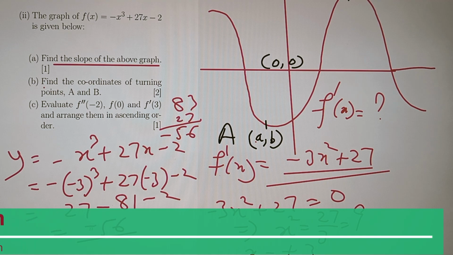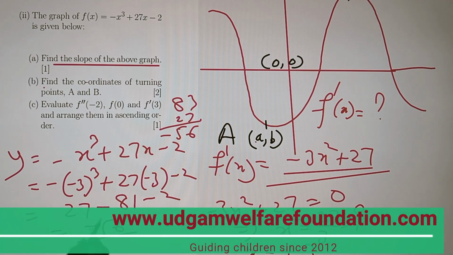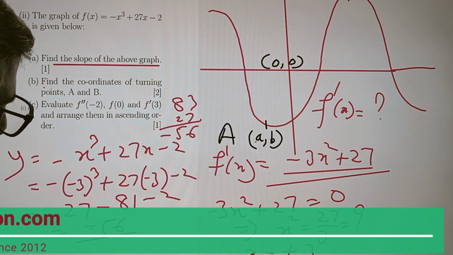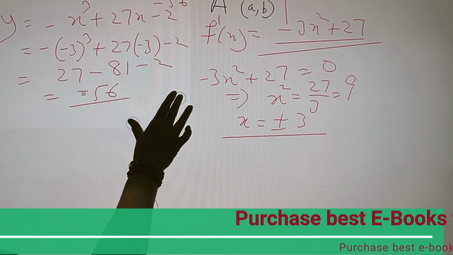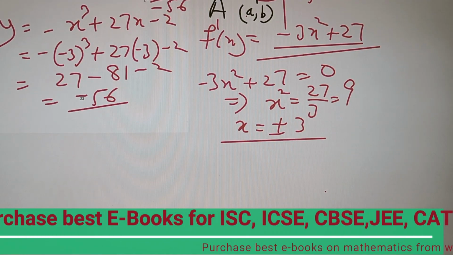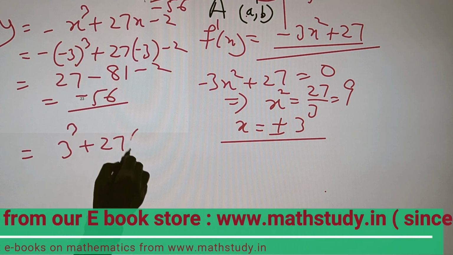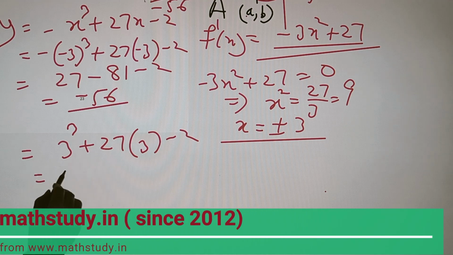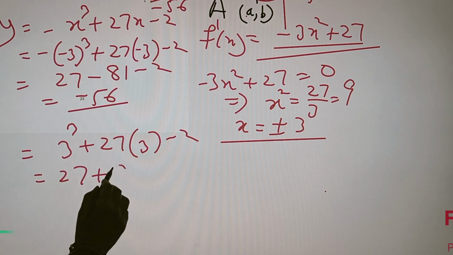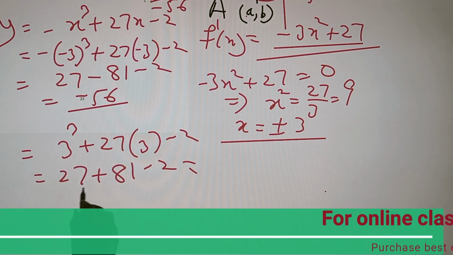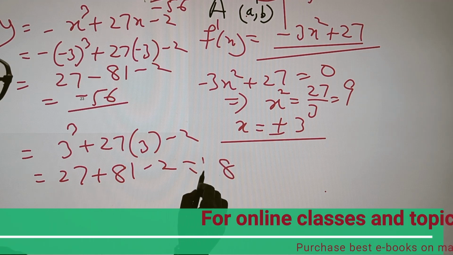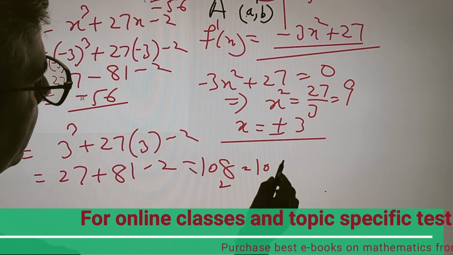Similarly, if we put x equals 3, then we are going to get the value of y. So let's substitute 3: 3 cube plus 27 into 3 minus 2, that is 27 plus 81 minus 2, which is 106.